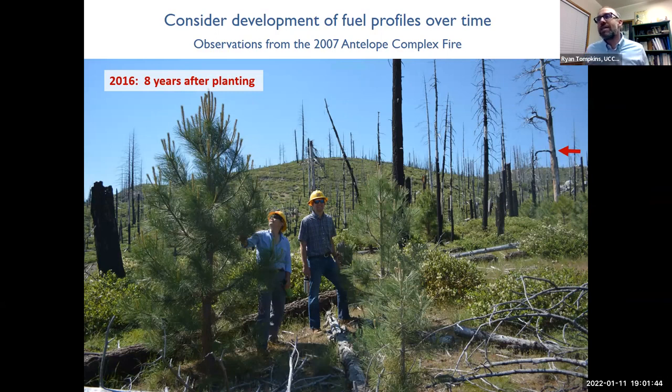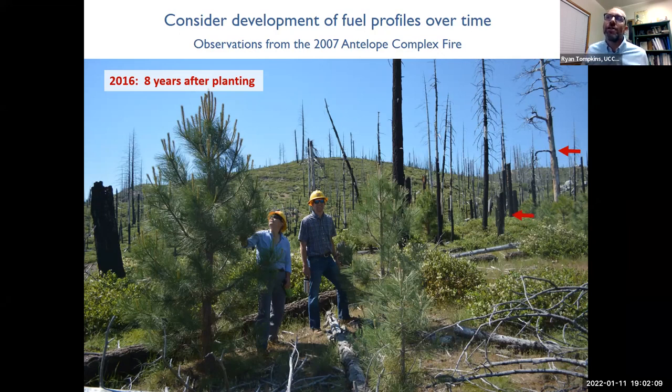And you can actually see the growth of this shrub and forb component, which provides an intermix of this jackstrawed tree material. And so we really have a very novel fuel bed here at a very large scale that we wouldn't have expected under natural conditions.